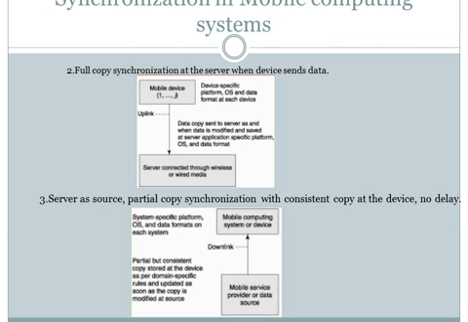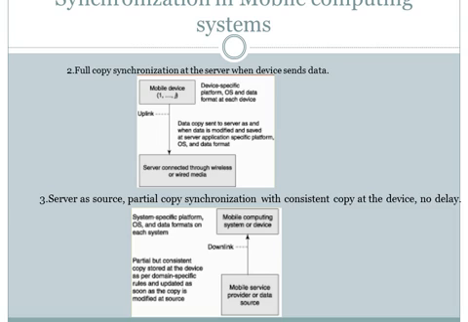And in another type of synchronization, we have full copy synchronization at the server with the device sending data. When the device sends data, we need to understand that sometimes even the server has to update its data when the device asks it to update. Not always does the client update its data. Sometimes when a request comes from a device, then the server has to update its data.